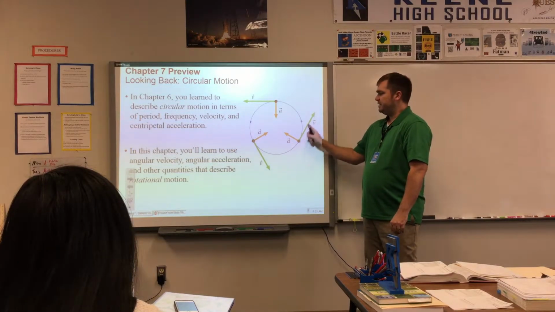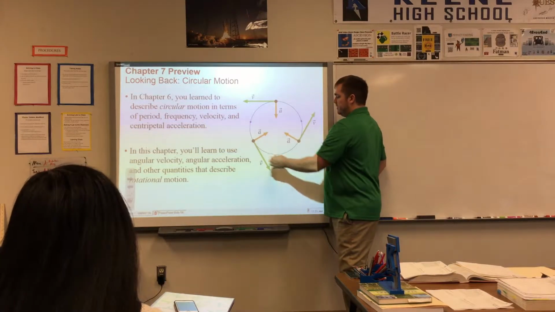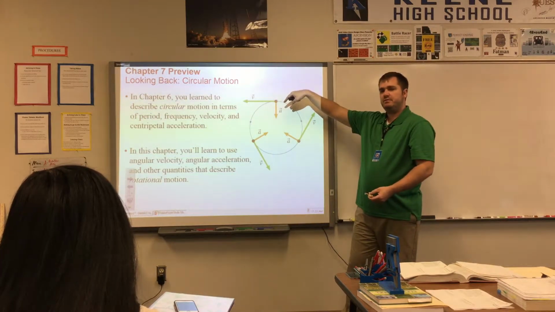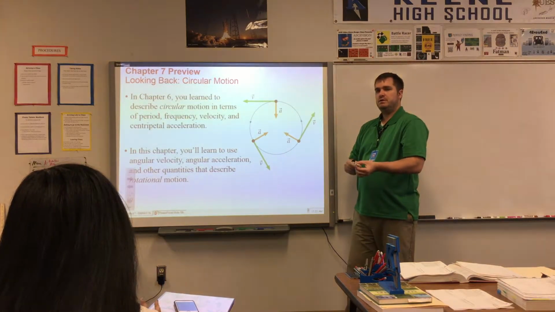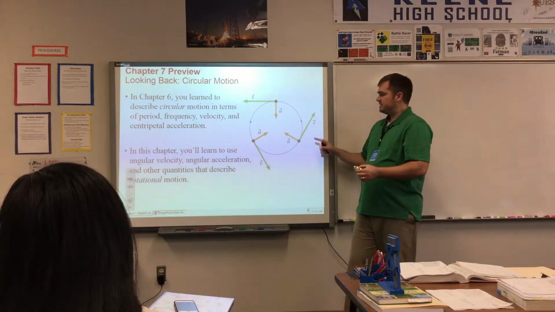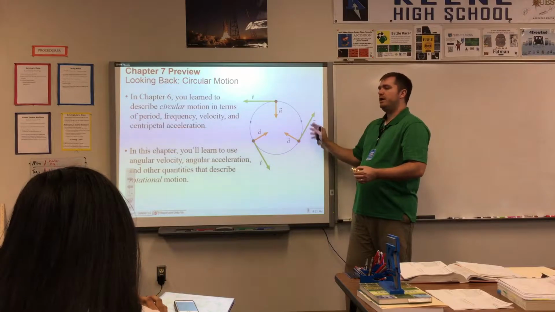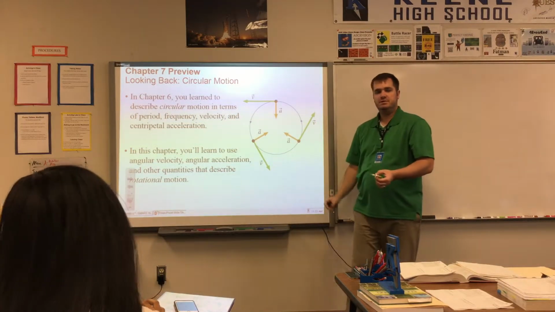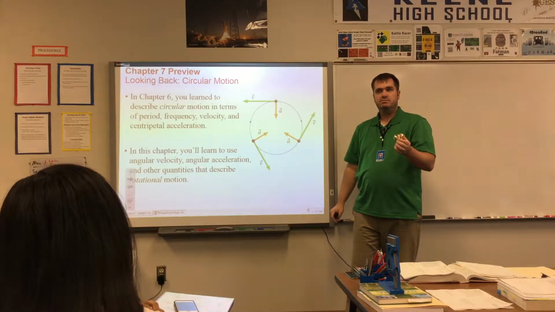We had velocity. If something is traveling in a circle, the velocity always pointed tangent to the circle. This A, what was that representing, folks? Anybody remember? Acceleration. What type of acceleration? Centripetal acceleration. And what was causing that centripetal acceleration? Force.